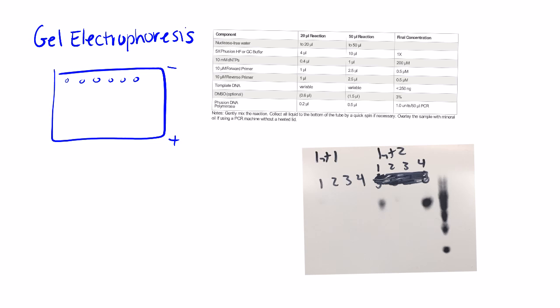And like I said before, the backbones of DNA have a negative charge. And what happens is once this electrode is turned on, the DNA is supposed to run towards the positive end. And the distance it travels kind of determines the length of the DNA and whether or not our DNA was successful in amplifying the specific gene.